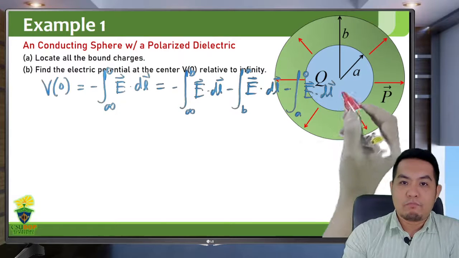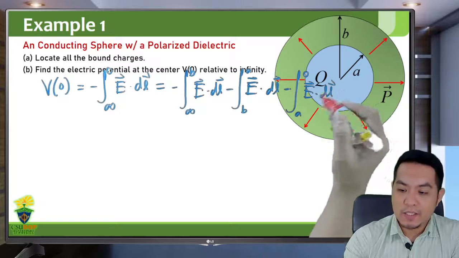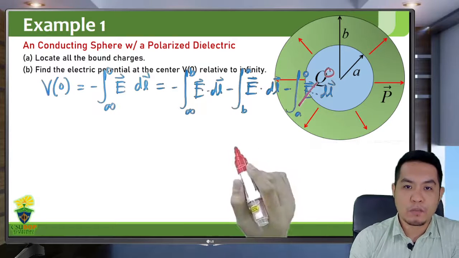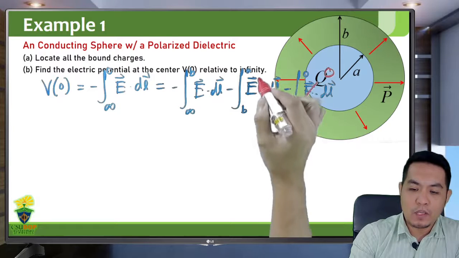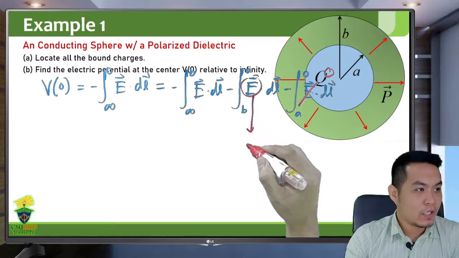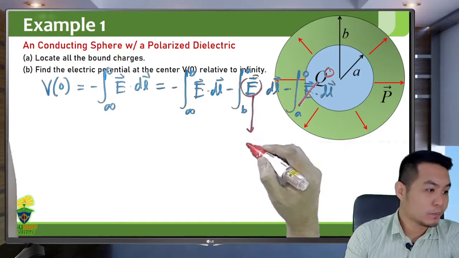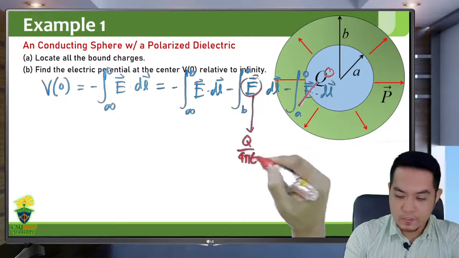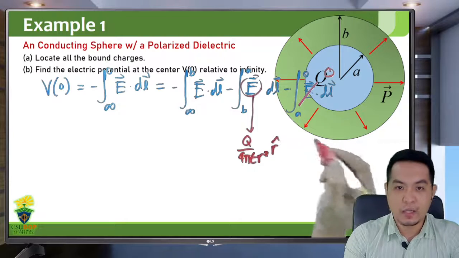But the electric field inside the conductor is 0, so this will have no contribution. And then we already have solved for the electric field within the dielectric. It's just equal to Q over 4 pi epsilon R squared R hat.